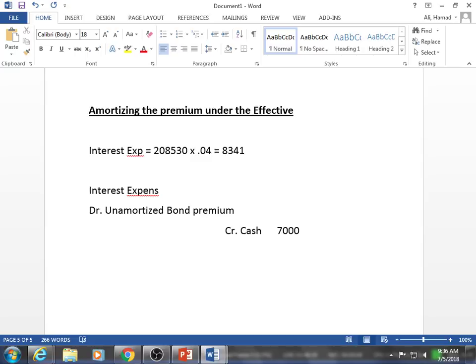Okay, what was the carrying value originally? 208,530. 208,530 times 4%.